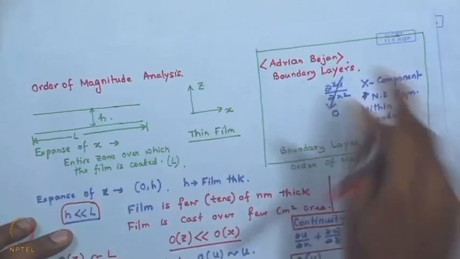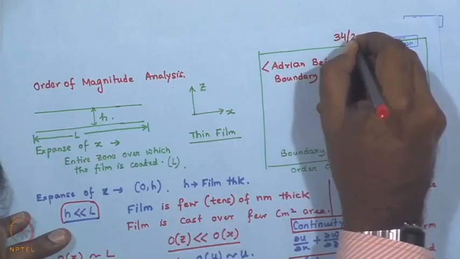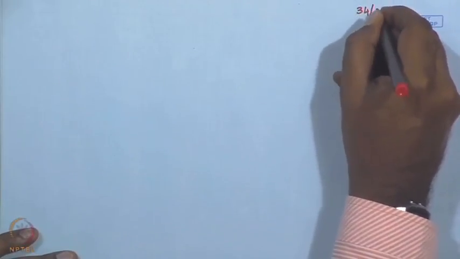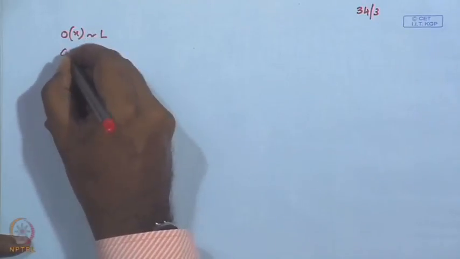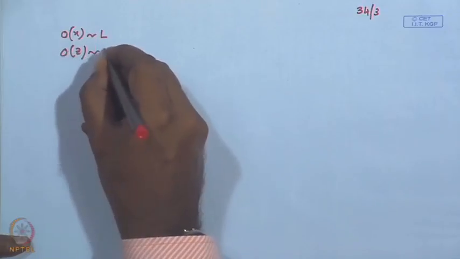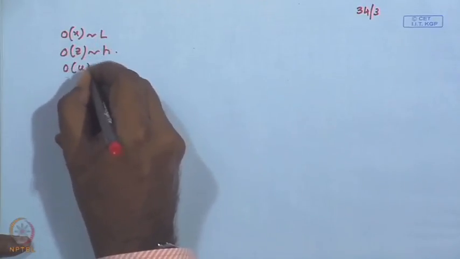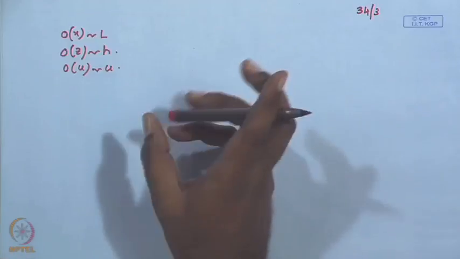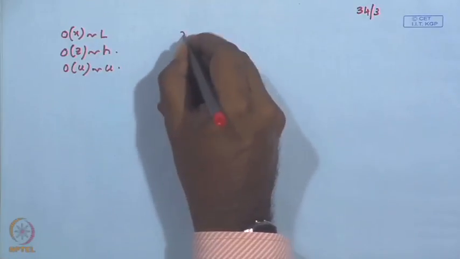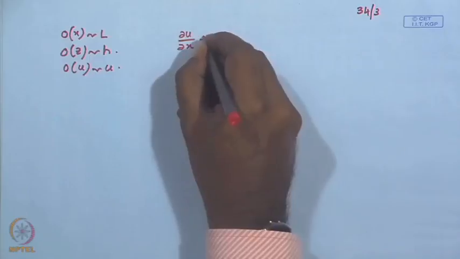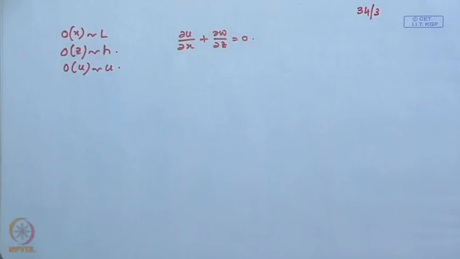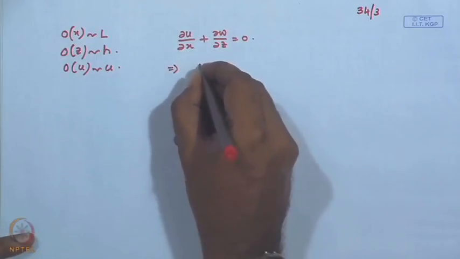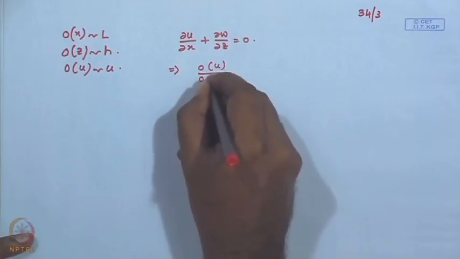use a fresh page. What we have is order of x is that of L, order of z is that of h, order of u we have assumed it to be the order of u, and then we have this, our continuity equation.